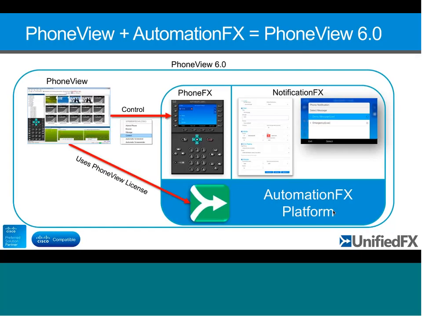So this is architecturally how it's set out. PhoneView version 6 effectively has 2 products inside. It's got PhoneView as you hopefully know it today, with all the existing functionality described at the beginning. And it also has the optional ability to install AutomationFX. So when you install PhoneView version 6, it doesn't install AutomationFX automatically. The files are there and available to PhoneView to leverage, but it doesn't install it by default.